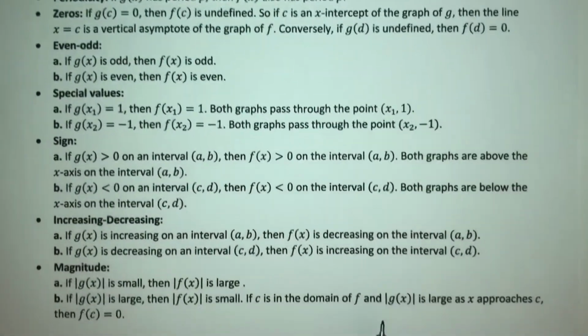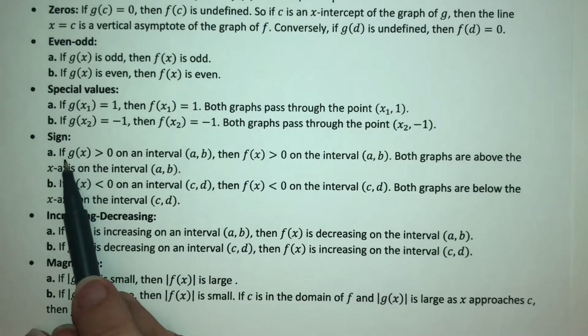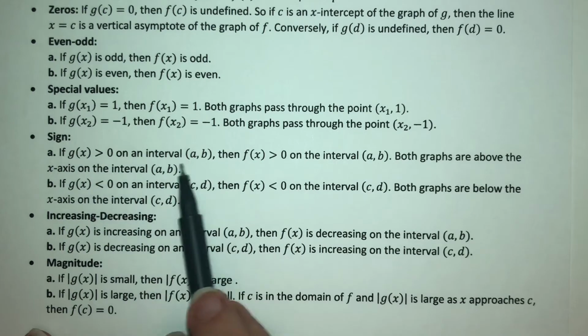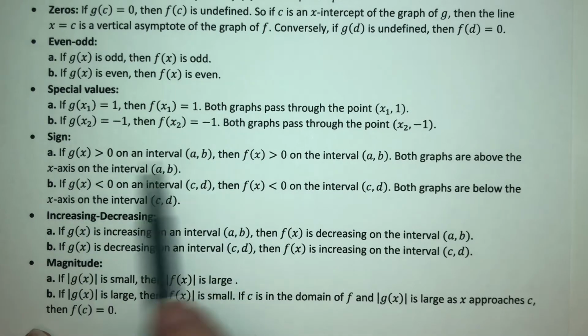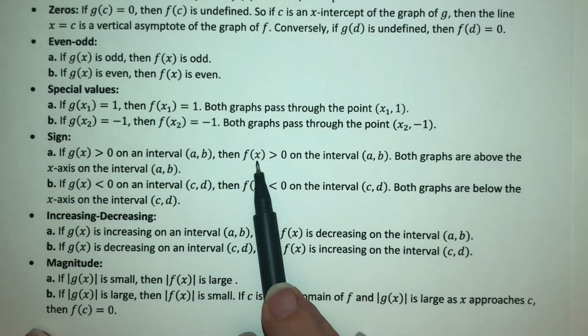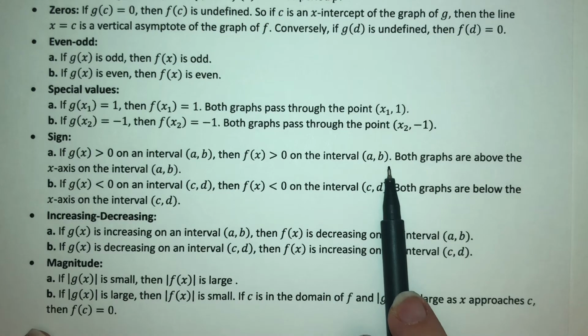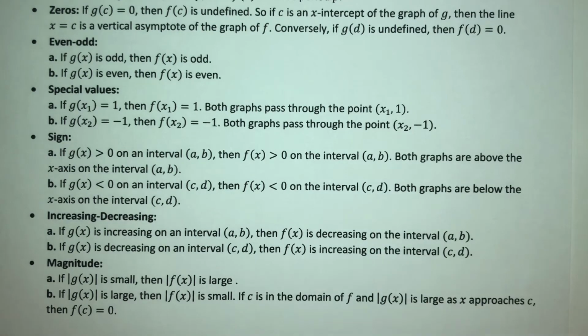Okay? Now sine. If the graph of 1 is greater than 0 on a particular interval, so if it is above the x-axis on an interval, then its reciprocal is also above the x-axis on that interval. So they are positive at the same places, and likewise they are negative at the same places.